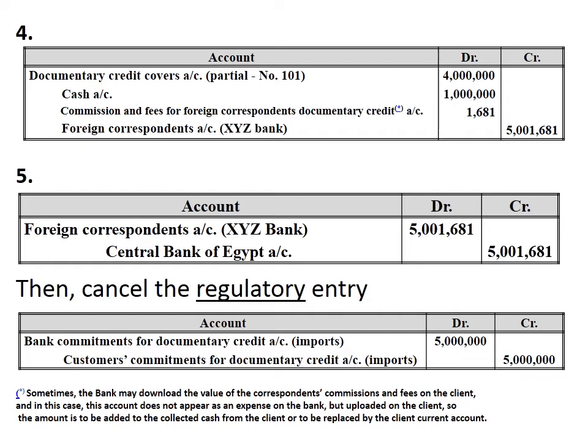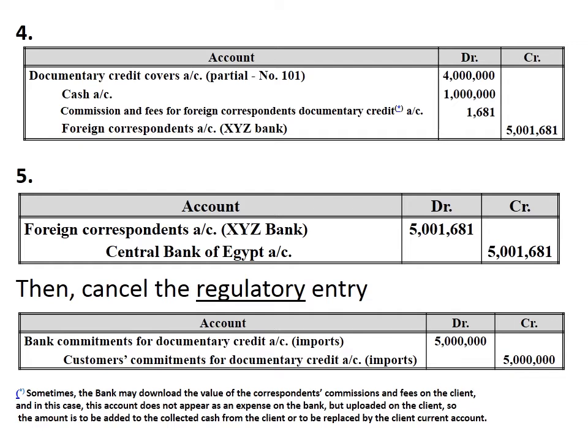Pay attention that we have a notice here regarding the commission of the XYZ Bank, that is the exporter bank, the 1,681. This 1,681 may be paid by the client himself. In this case, either we take it from his current account, so instead of saying commission and fees for foreign correspondence as an expense for the bank, we may credit the current account of the client.